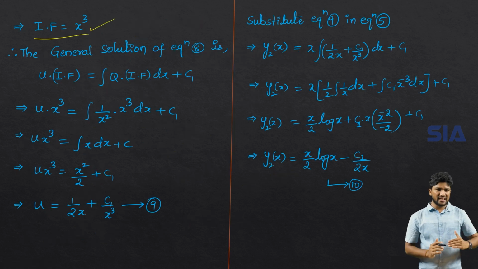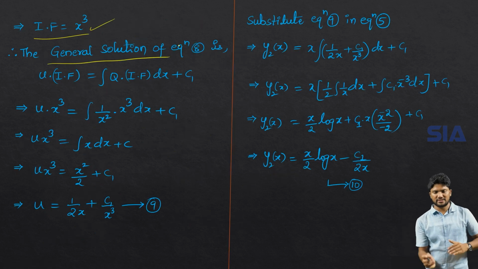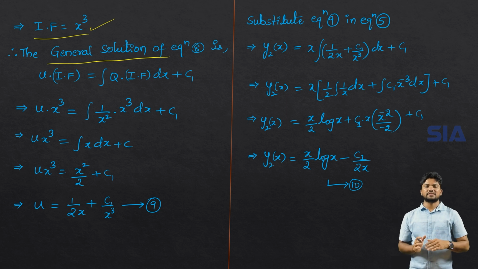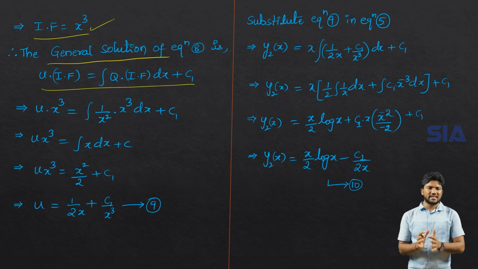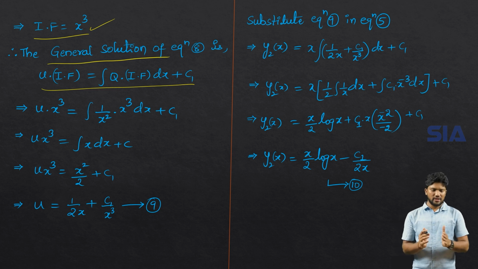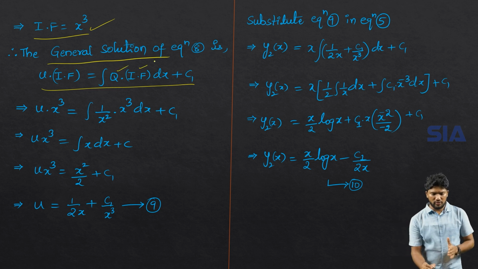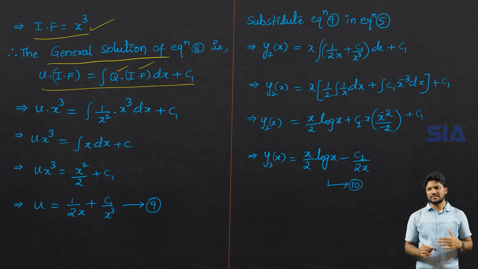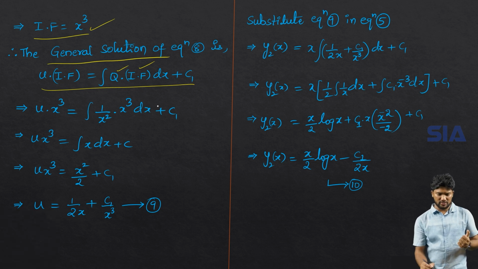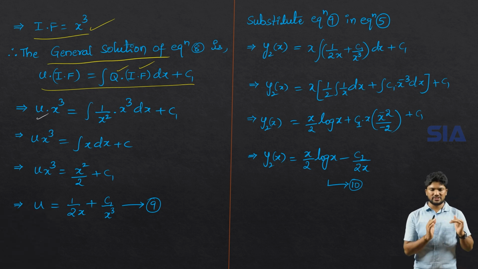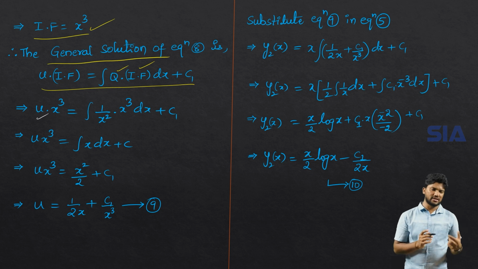So after getting the integrating factor, what is the next step? The general solution of equation number 8 is given by this formula: u into integrating factor is equal to integration of q into integrating factor dx plus c1. Now substitute the corresponding values in the general solution: u as it is, because the variable is in terms of u.